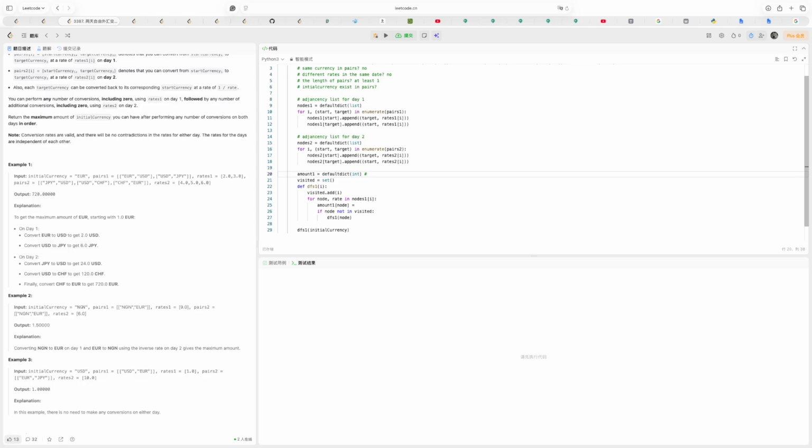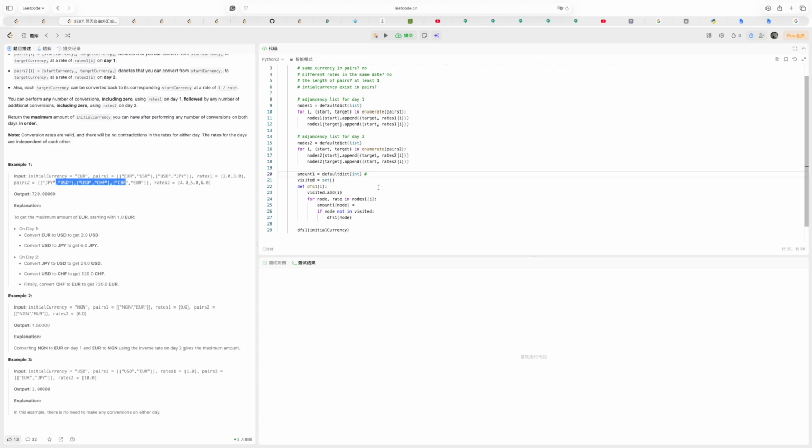So for example, like day 2, if euro changes to CHF, the keys will have CHF, USD and JPY. So what is the amount of 1 euro changing to the following currency? I think I need this.